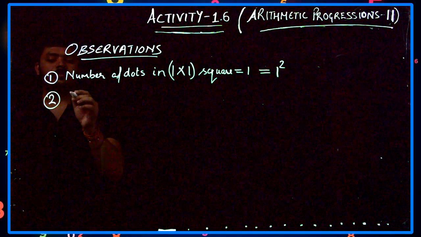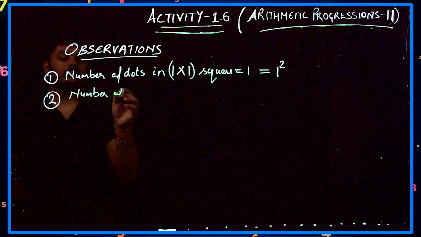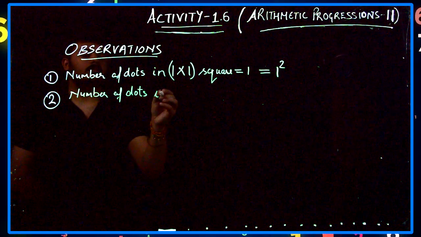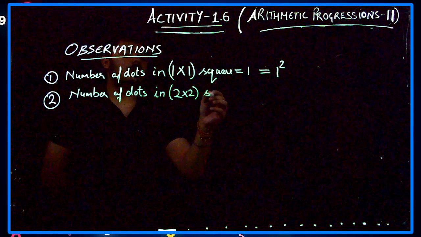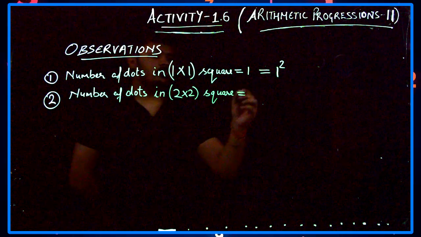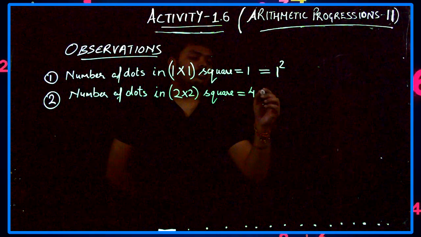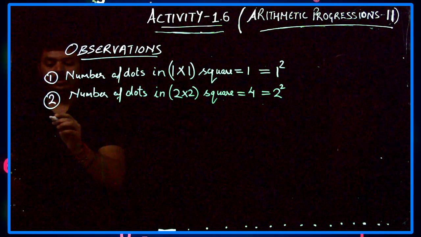Second, the number of dots in the 2 by 2 square equals 4, so we can say 2 square.